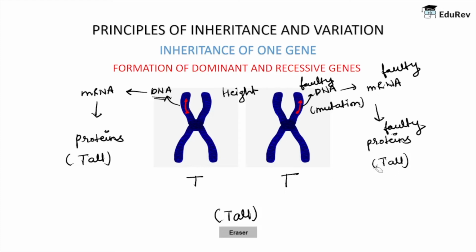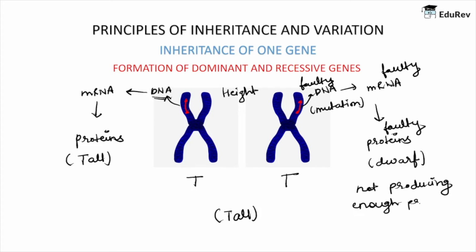So I won't write down tall here. I would rather write that it will give dwarfness to the plant because it is not producing enough proteins. That is why it is encoding for dwarfness now.